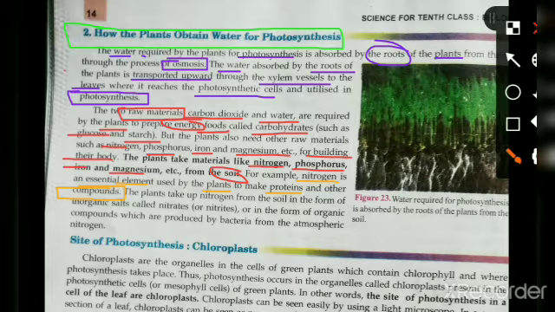So nitrogen is taken by the plant from the soil as inorganic compounds like nitrates and nitrites.